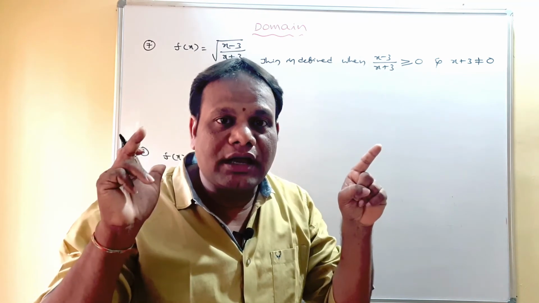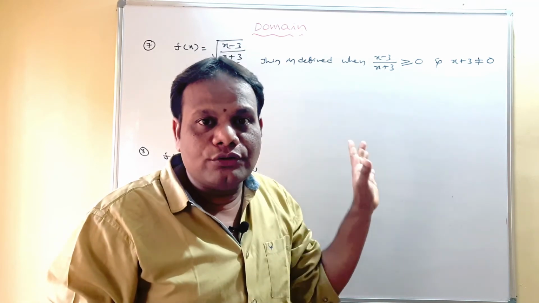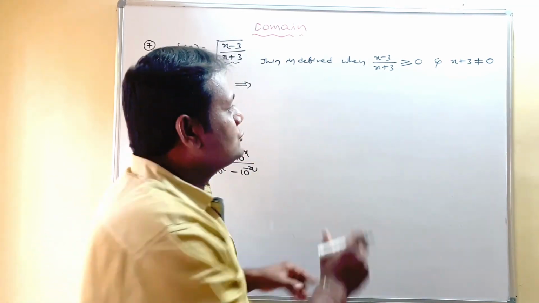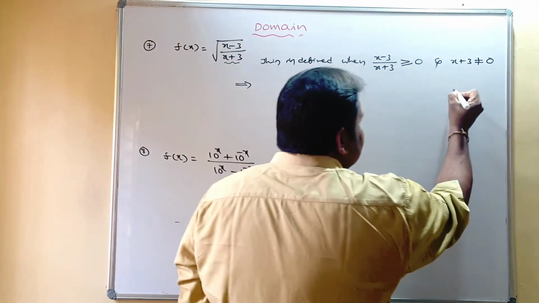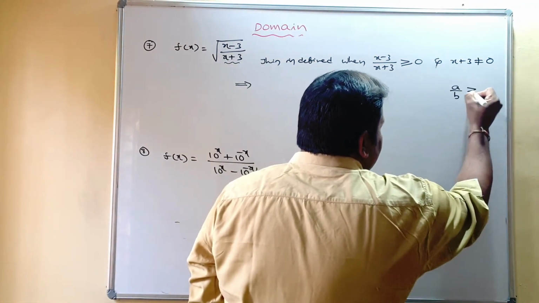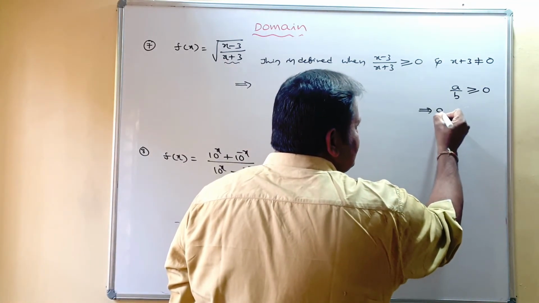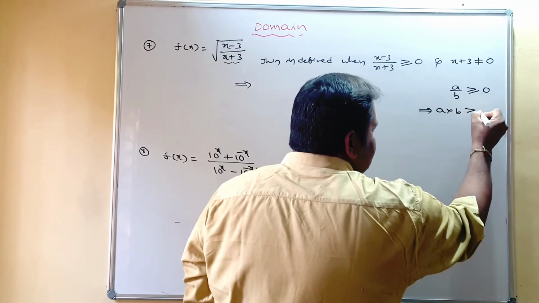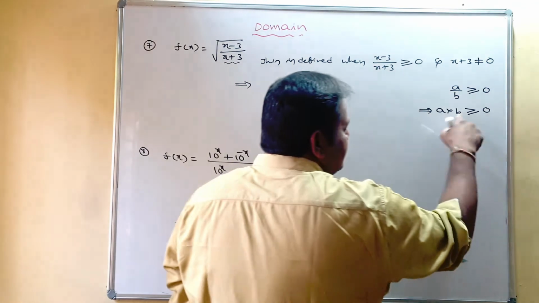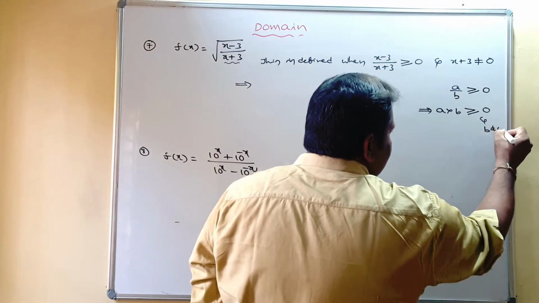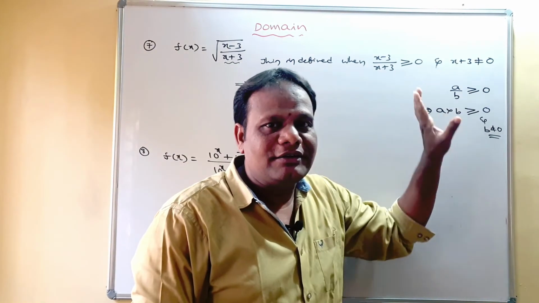If you are not aware of the sign of the denominator, don't blindly cross multiply.